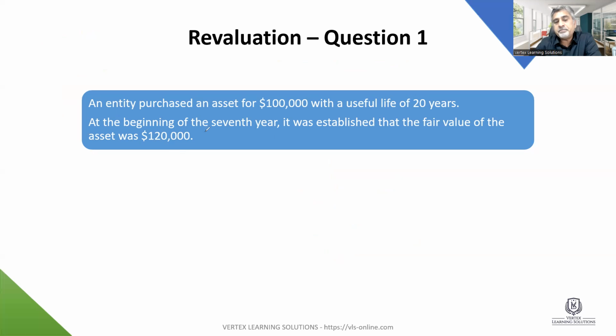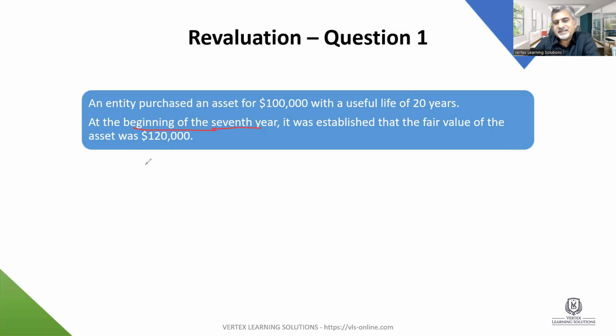It says at the beginning of the 7th year, not at the end of the 7th year. You need to be careful about this language. I purposely wrote this, beginning of the 7th year. Beginning of the 7th year means that 6 years have completed. The 7th year has not completed yet. So it is 1st of January of the 7th year.